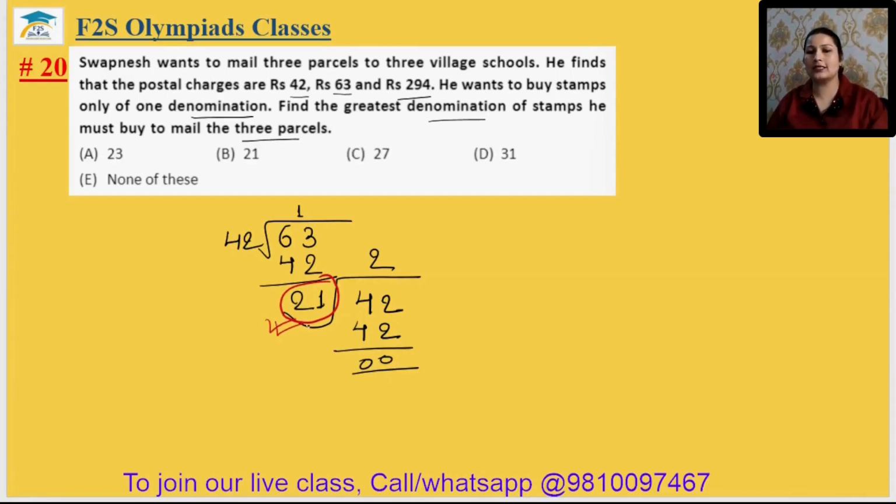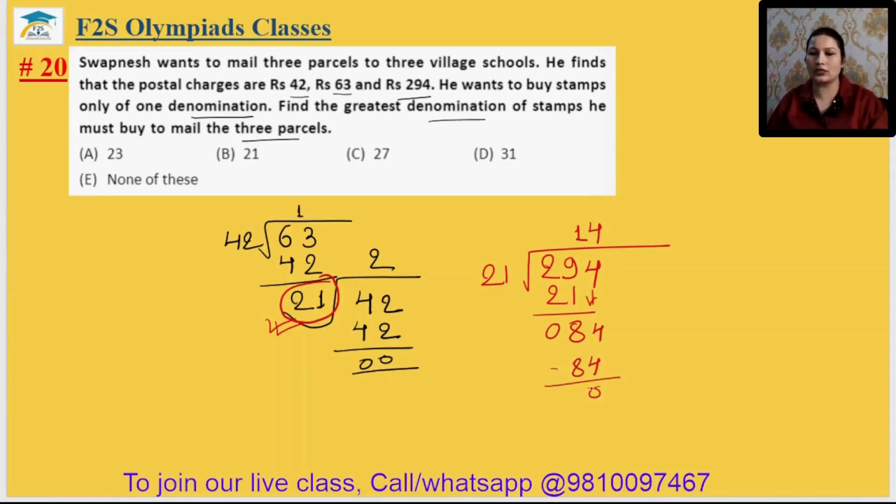Now check this HCF with the third number: 294 divided by 21. 1 times 21 is 21, then drop down the 9, and then the 4. 14 times 21 is 294, remainder 0.